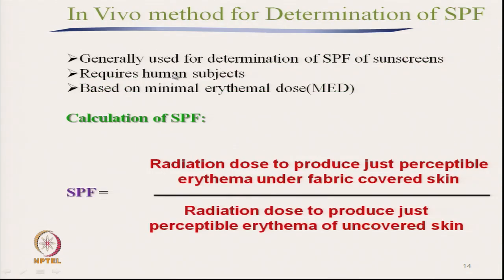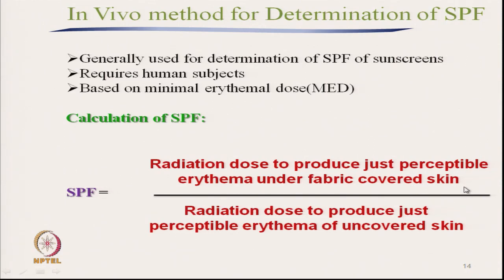So, the determination of SPF of sunscreen generally requires human subjects, that is why it is an in vivo method based on minimal erythemal doses, MED. So, this is the ratio of radiation dose to produce just perceptible erythema under fabric cover.